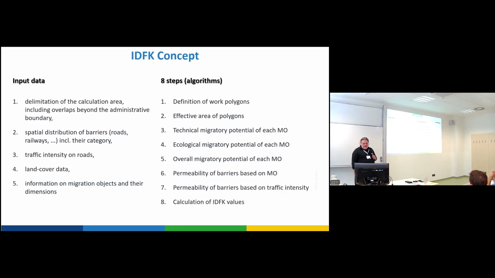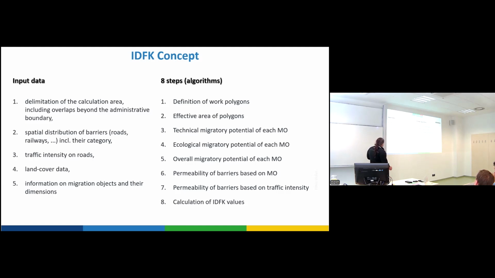So here is the concept. What data do we need? Delimitation of the calculation area, including overlaps beyond the administrative boundary, which we sometimes need, 20 to 30 kilometers in general. We need, of course, the spatial distribution of barriers like roads and railways, which was already included in the previous indicator.